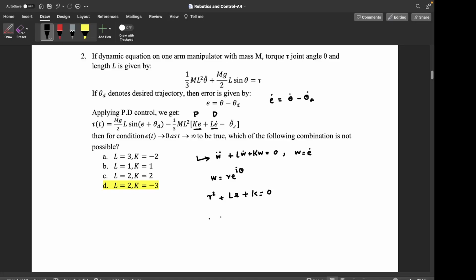This is a quadratic equation, and you know the formula for the roots of a quadratic equation, so the value of r will be minus b plus minus under root b square minus 4ac, by 2a.